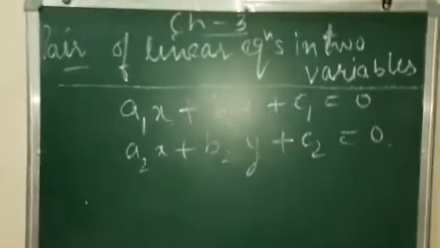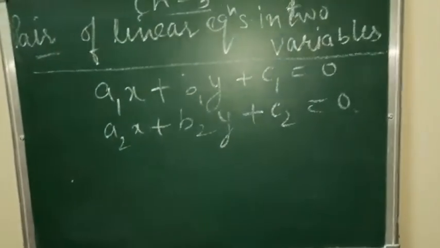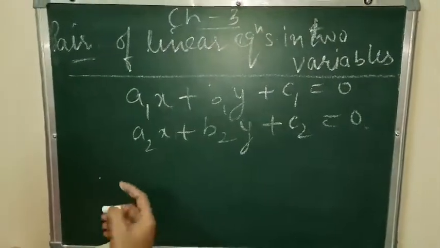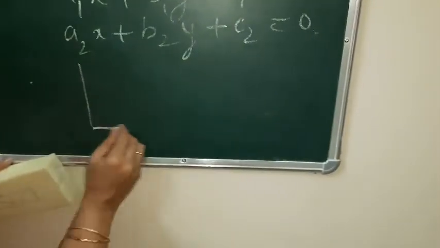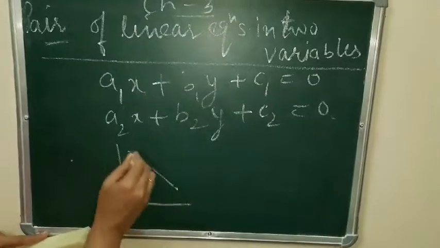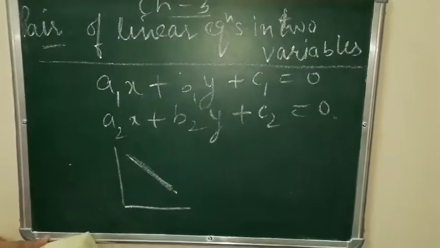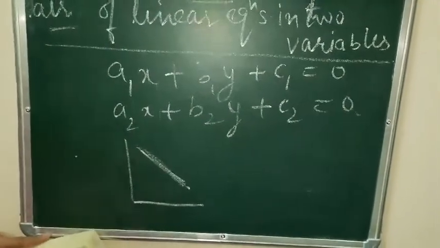Now in the first exercise, we will be dealing with the geometrical solution of this linear equation. For any linear equation, you have studied that geometrically, the solution is always a straight line. We have done this in class 9 also. Whenever you are forming a graph for any linear equation, it was always a straight line. Now there are two equations.